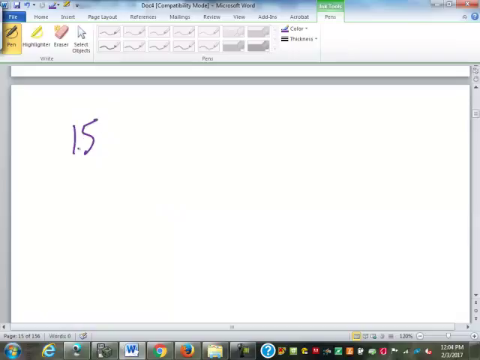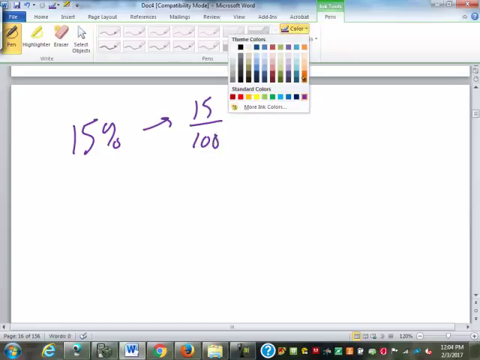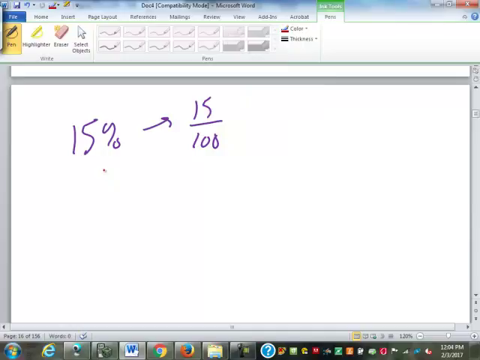So when we have 15%, that's 15 out of 100. But there's always some other possibilities we run into. If it is a decrease, there's 100 minus 15, which is 85%, or 85 out of 100.